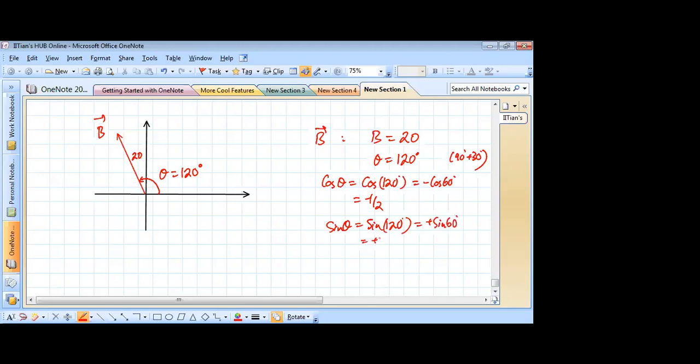We have to use this value of cos theta and sin theta. So B's x component will become minus 10 and B's y component will become plus 10 root 3.